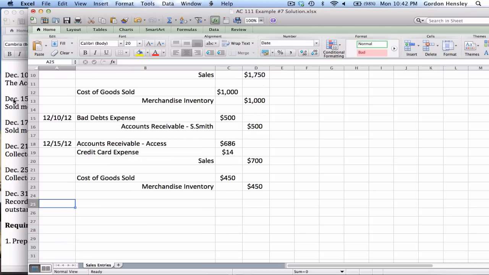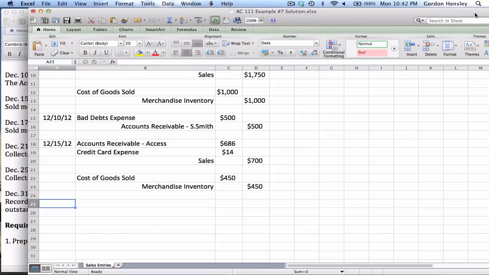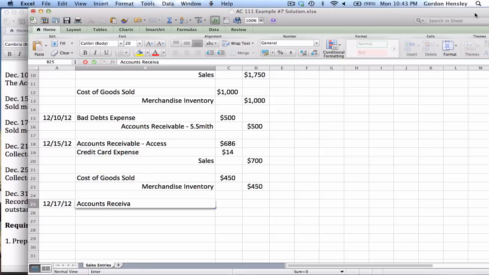The next transaction is on the 17th. This time it's another sale. This time it's to another one of these frequent customers that we allow to charge on us. It had cost $1,950. It had been sold for $3,000. So this is going to be like a pretty typical credit sale once again. So we will debit accounts receivable and credit sales.